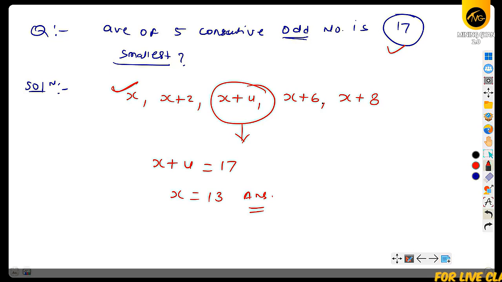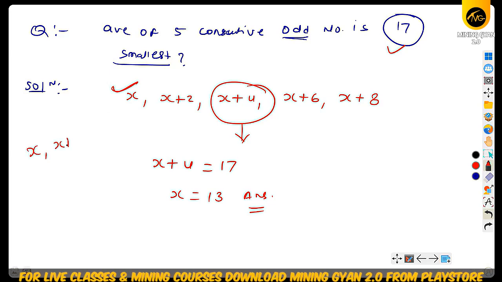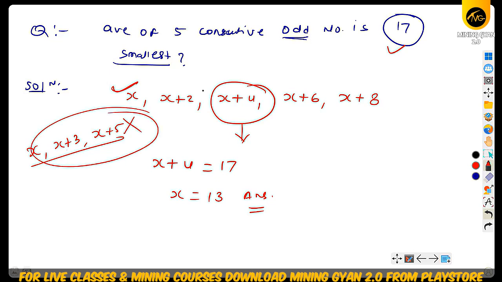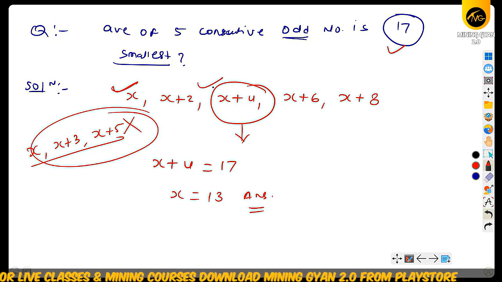So there is no difference between odd and even number series because the difference will be same, that is plus 2. Basically ये mistake होता है जब भी हम even और odd number खोजते हैं, तो हम series क्या बना देते हैं, x, x plus 3, x plus 5 ऐसे कर देते हैं. So this will be wrong. So we have to find those similar kind of series, that will be the plus 2.